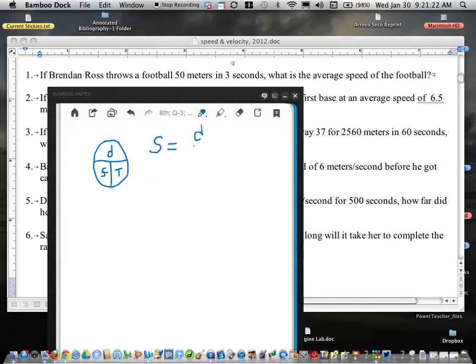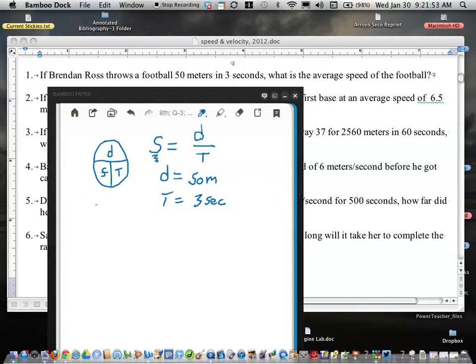Good. S equals D over T. That's the first thing that you want to write. You also want to write down that you know D. D is 50 meters. And notice, it's not a naked number. If I had written 50 there, it would be wrong. T is 3 seconds. And we're solving for S.